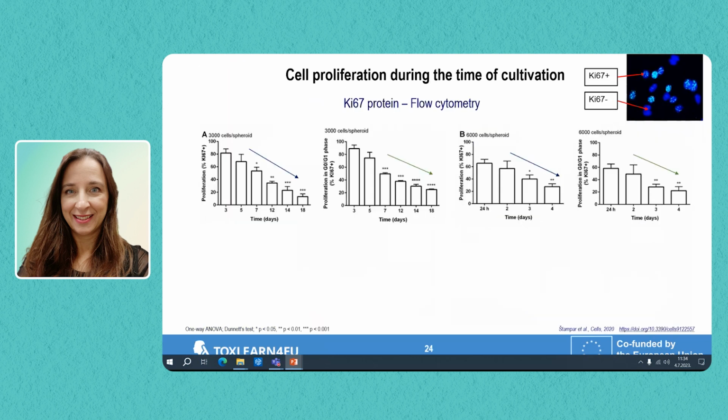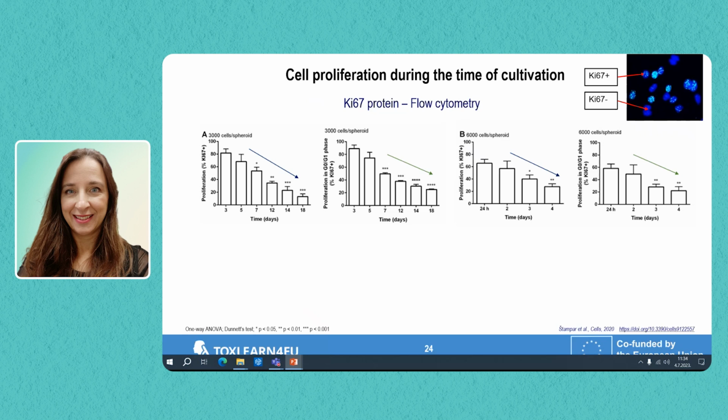Then in the next step, we again use flow cytometry and we measure the Ki67 marker. This is a marker that is expressed only in proliferating cells. We can see that with time of culturing, there is a reduction of these Ki67 positive cells. So it means that the cells stop to proliferate. This is in smaller as well as in the larger spheroids.